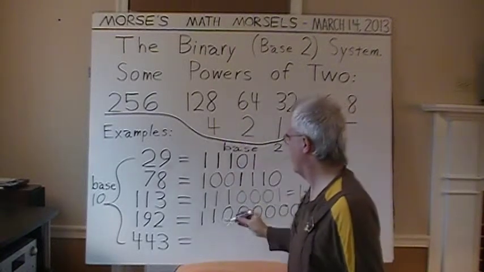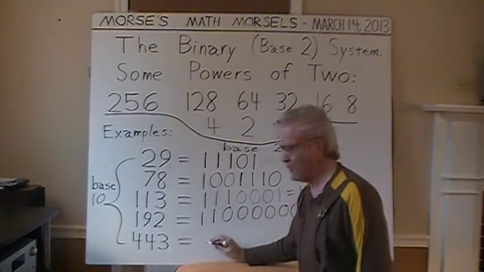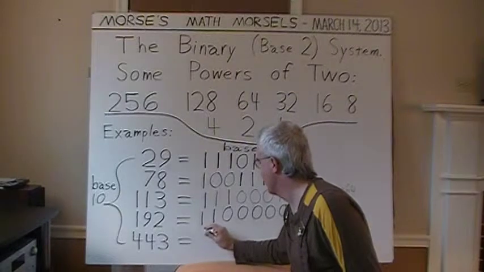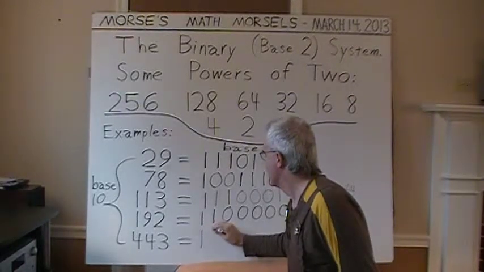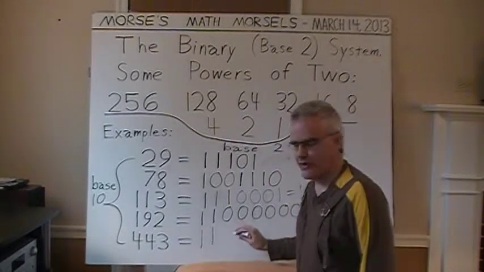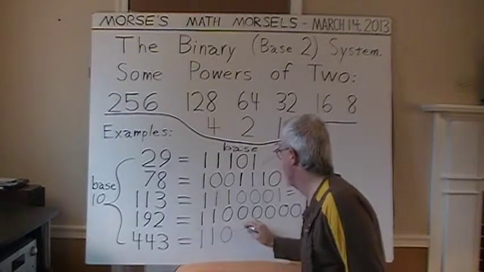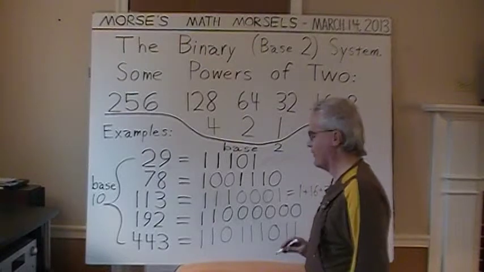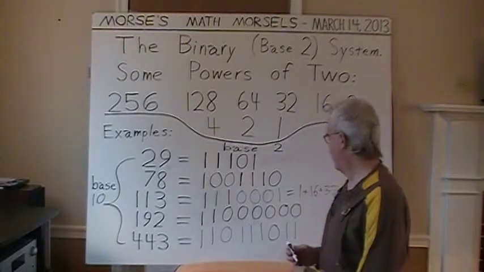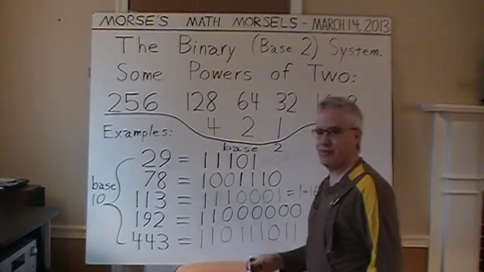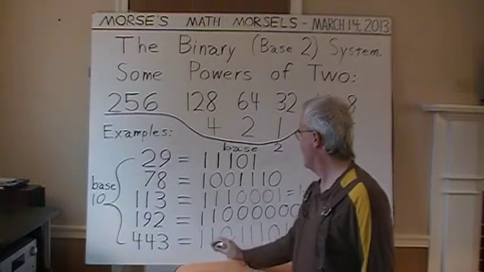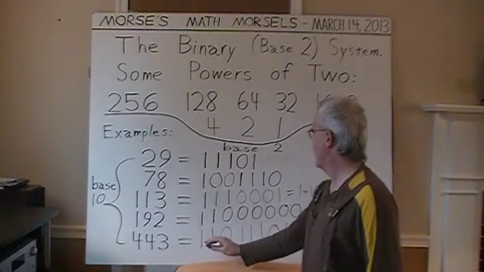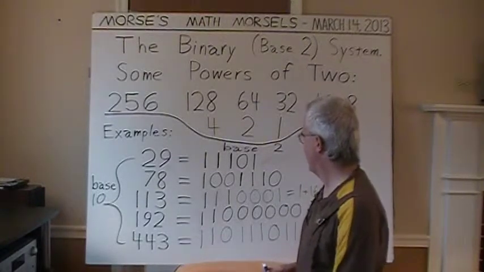And finally, 443, our largest number, if we were to work that out, I'll leave it to you to prove to your satisfaction that 443 is indeed equal to this number in binary. And by coincidence, it's a palindrome. Reading it forwards is the same as backwards.